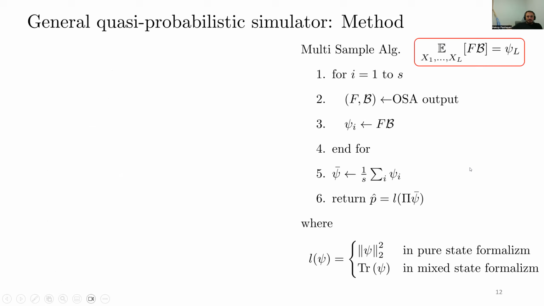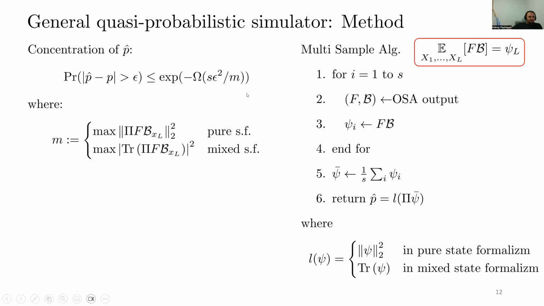Okay, so I'm going to keep this formula up here and say the concentration tells us that the probability that p hat minus p is greater than epsilon is exponentially suppressed. It's e to the minus something bigger than s epsilon squared over m, so this is positive.